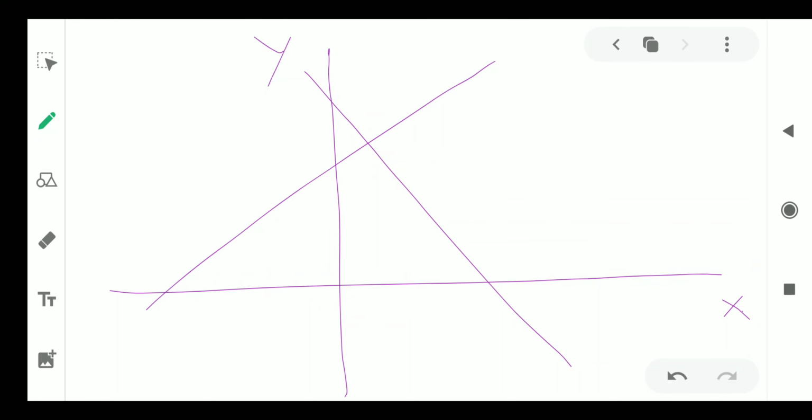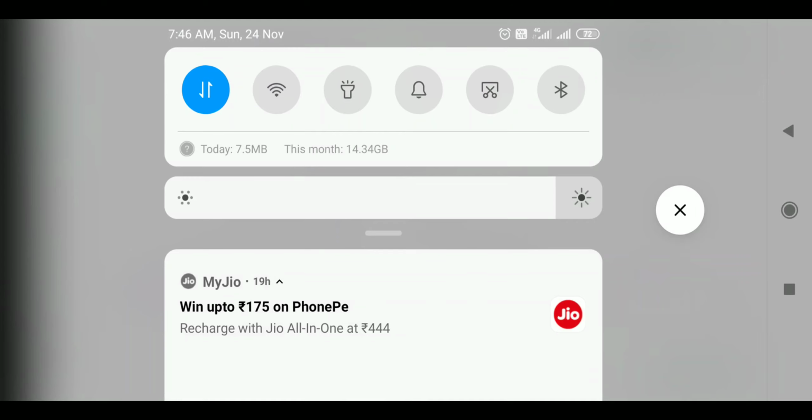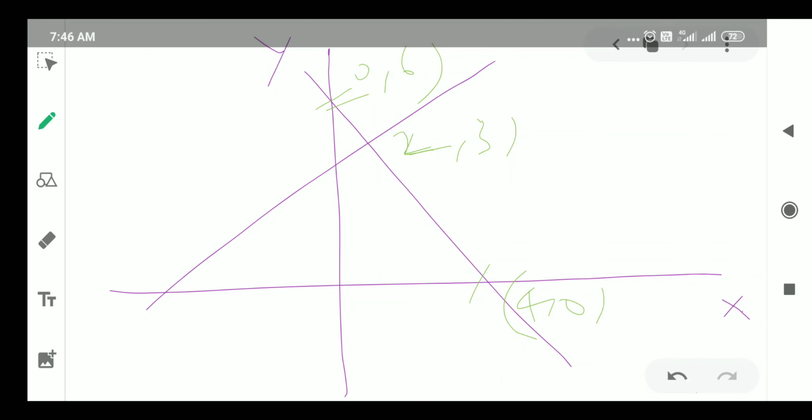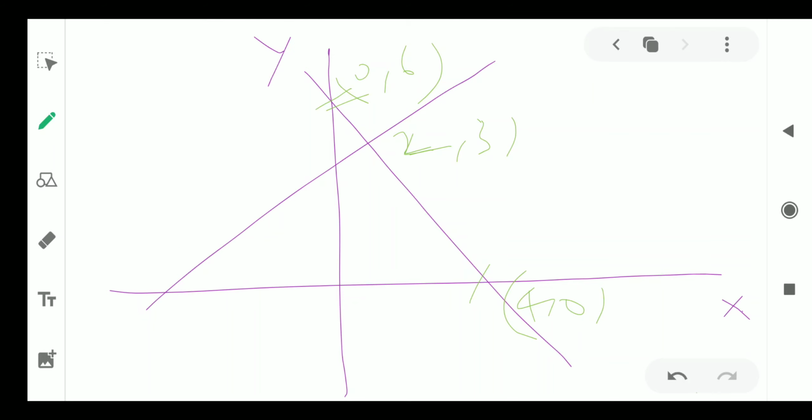This point of intersection is 2 comma 3, this is where it cuts at 4 comma 0, and this is where it cuts at 0 comma 6, and here minus 1 comma 0.